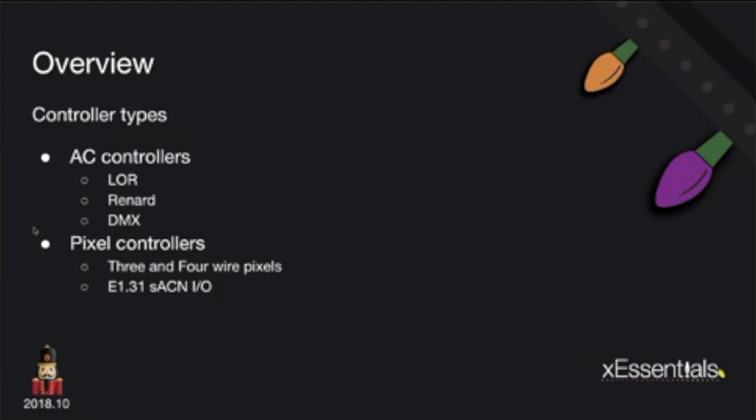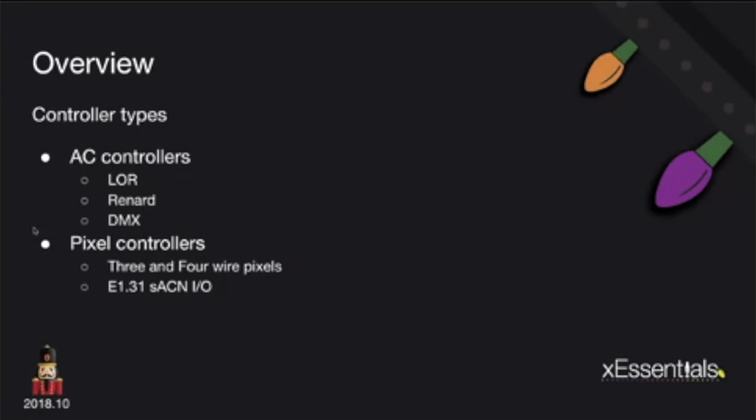This session is really to talk about the pixel side of things, since there's a lot more to consider on that side in terms of how you need to put things together, who the vendors are, and what the capabilities are. So I'm just going to highlight the fact that, yes, there are AC controllers, but we're not going to talk about that this time. It may make sense to do another session specifically on that if folks find interest in it, but we're going to do pixel controllers this time.